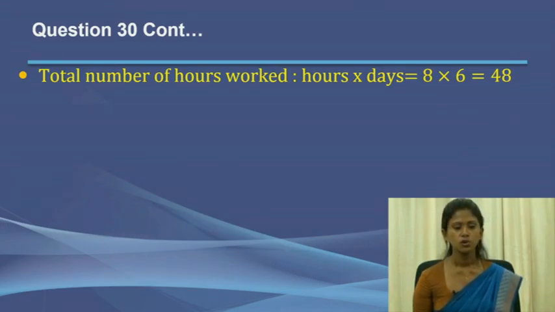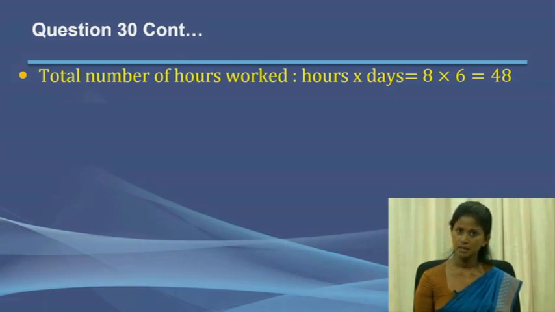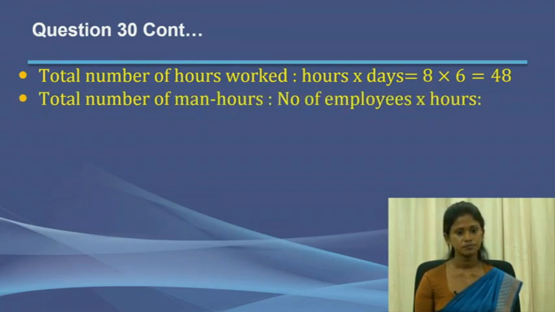So here, total number of hours worked. If you are given the number of days and the number of hours for each day, we can calculate the total number of hours worked by multiplying hours by days. So that is 8 multiplied by 6 equals 48. Then total number of man hours.